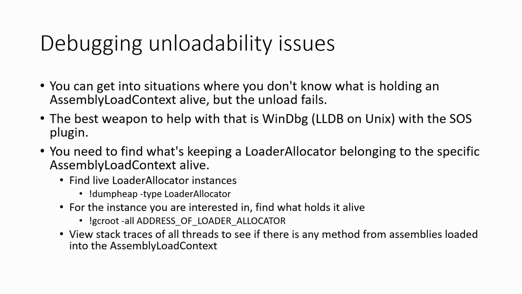It can be something that the JIT has created, so you might think, what can I do about it? Well, the ideal way is to encapsulate everything that you do around the unloadability inside of a function that's marked as non-inlineable, and then return just a weak handle for the assembly load context after you are done.